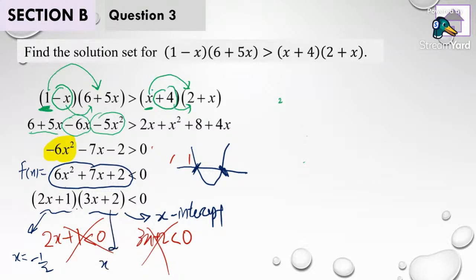The second one gives me x equals minus 2 over 3. Arranged accordingly, I should come up with minus 2 over 3 first, followed by minus 1 over 2. So I have this graph drawn in.